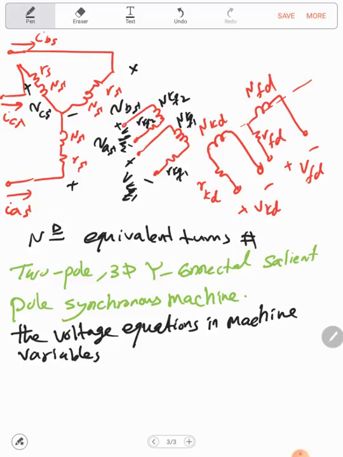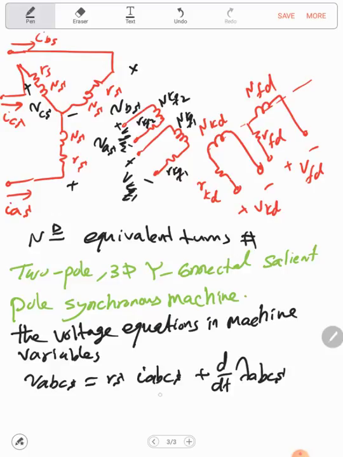So in the same way we did it for the induction machine, here I will say that VABCS, where S stands for the stator, is equal to RS IABCS plus d by dt of lambda ABCS, which is actually Ohm's law plus Faraday's law of induction.